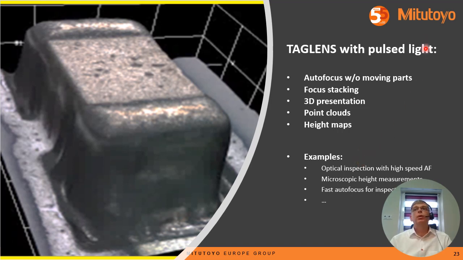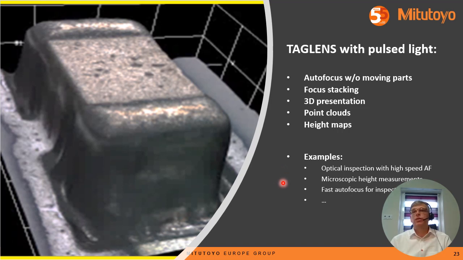TAG lens with pulsed light, we saw we have a lot of different additional features. It's possible to generate an autofocus system without moving parts with the TAG lens in combination with a pulsed light source. Feature of focus stacking is possible. It's possible to generate 3D presentations, point clouds, height maps, and so on.